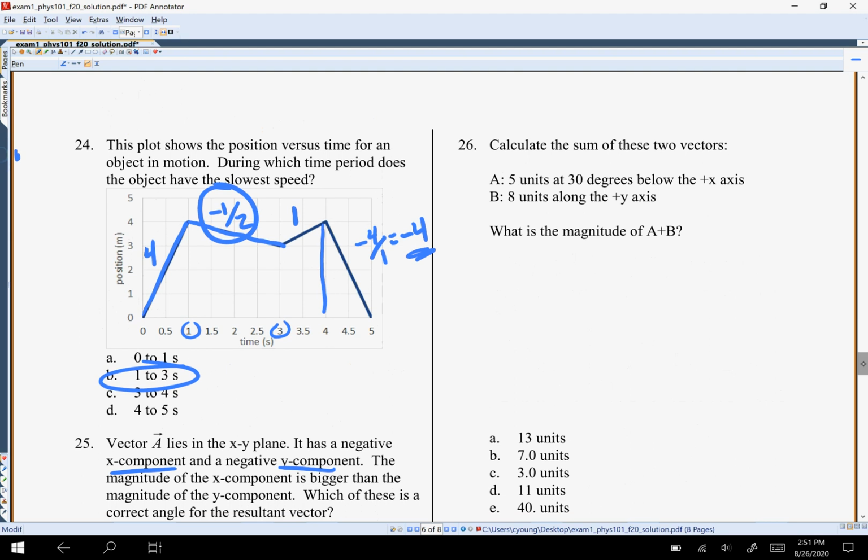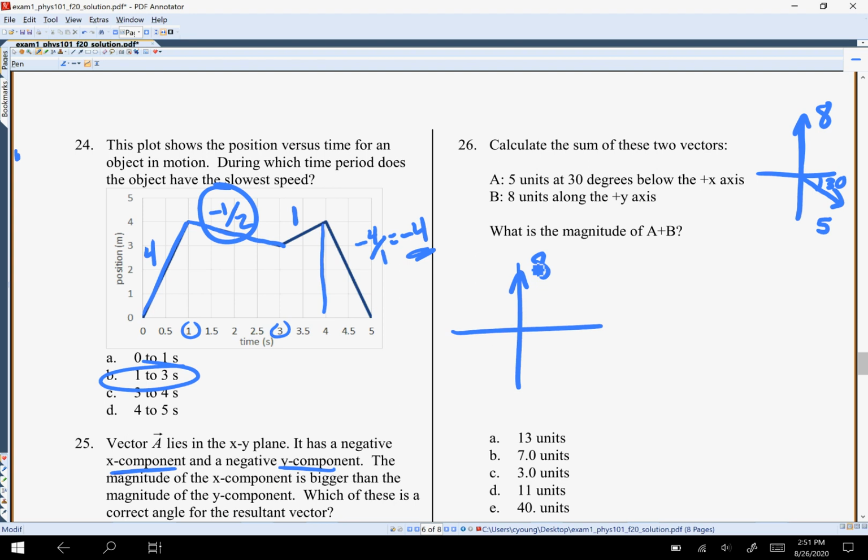Calculate the sum of these two vectors. I always love to draw a picture for these. It just helps me to think about it. 5 units at 30 degrees below the x-axis. And then 8 units along the positive y-axis. And then I'm going to draw it again, but I'm going to break that first vector into its x and y components.